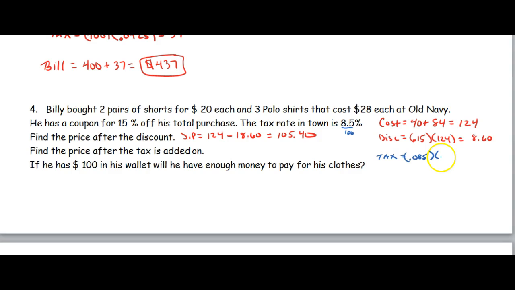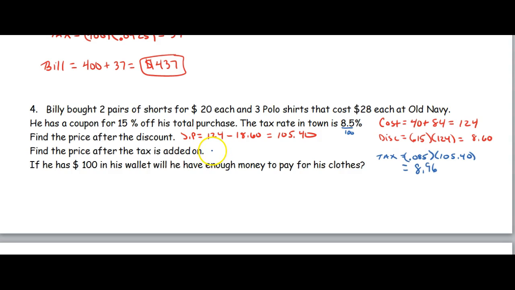We're going to pay tax on the discounted price of $105.40. When you multiply that, the sales tax ends up being $8.96.